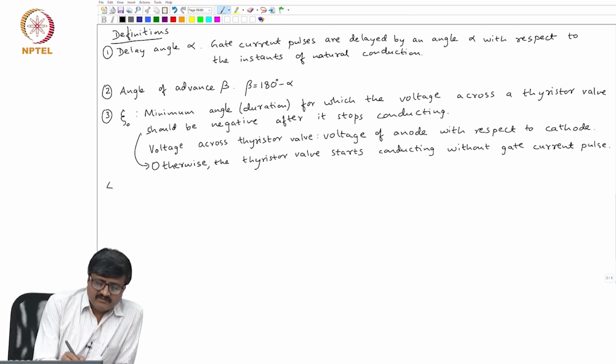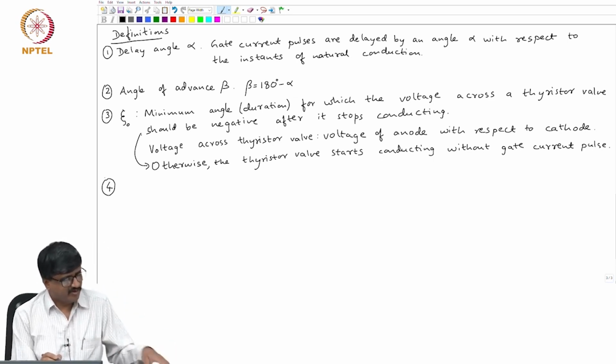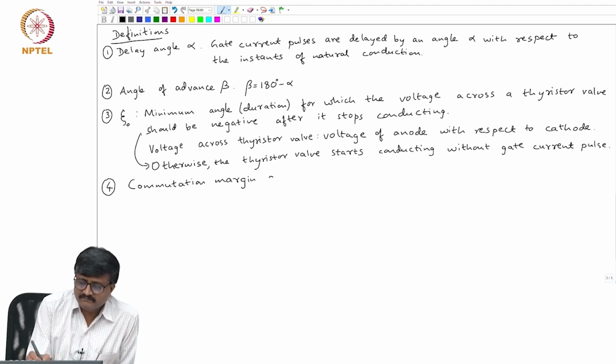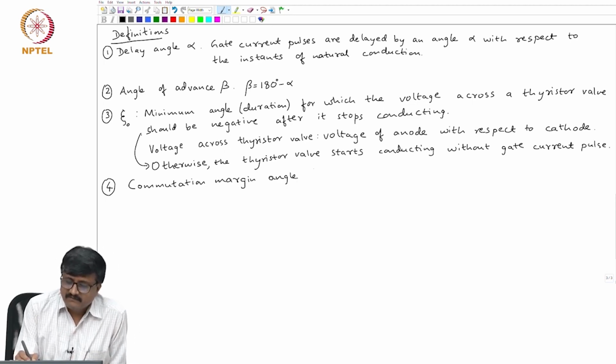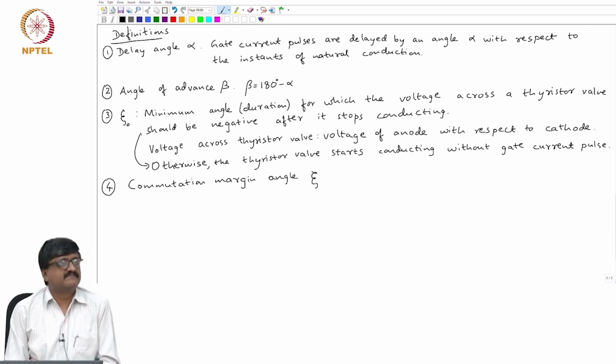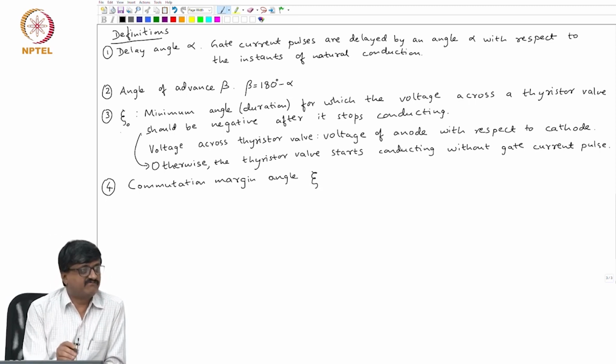There is one more quantity that is defined, known as commutation margin angle. This has a notation psi. This is not the same as the previous notation. The previous notation is psi naught, with a subscript O. Here there is no subscript.